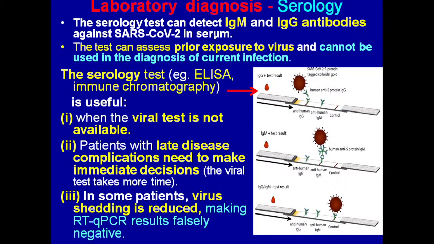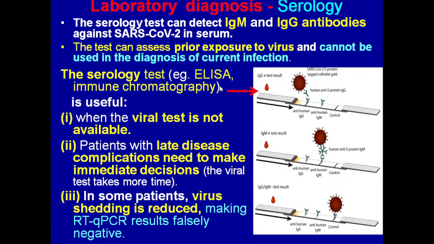Serological tests. They are performed to detect IgM and/or IgG antibodies against SARS in serum. The interpretation of the tests depends so much on the history of symptoms development or contact with someone also.